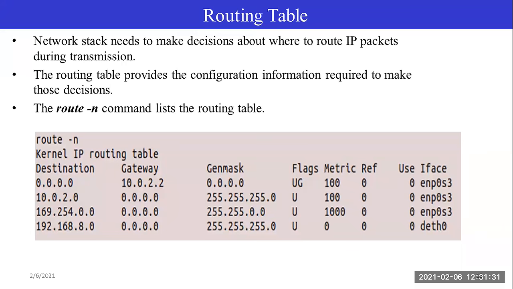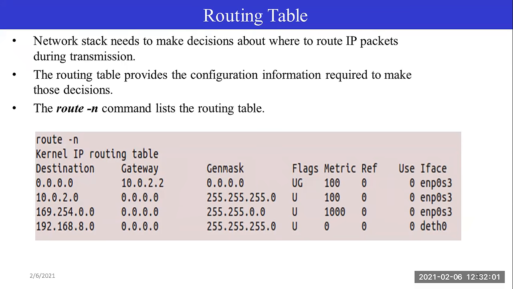So if the network stack needs to send a packet to, say, 10.0.2.5, that means it needs to send the packet to enp0s3. For that, it will check which driver has the interface enp0s3, and it will call the corresponding driver function to send the packet.